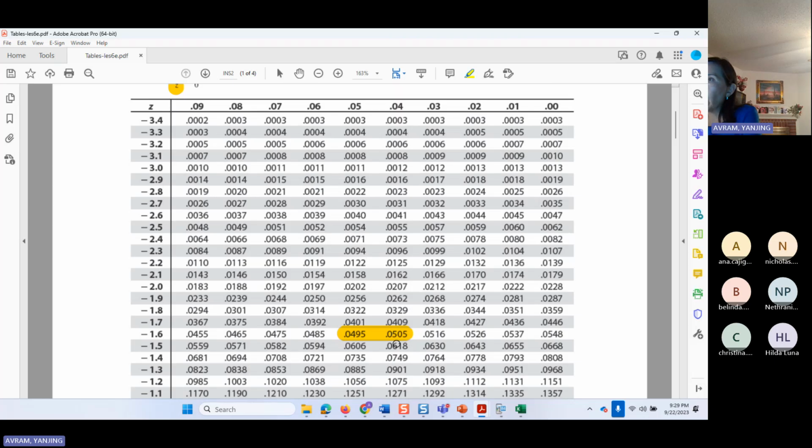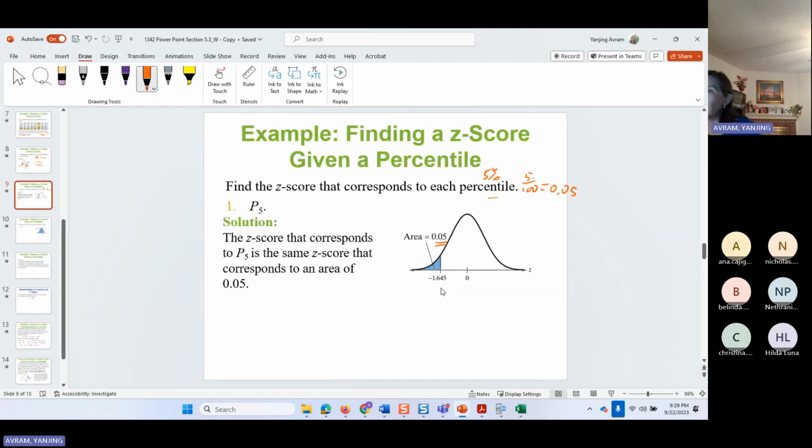So what do you do? You have to take negative 1.65 plus negative 1.64 divided by 2. You have to average these 2 points. That's how you come out with negative 1.645.